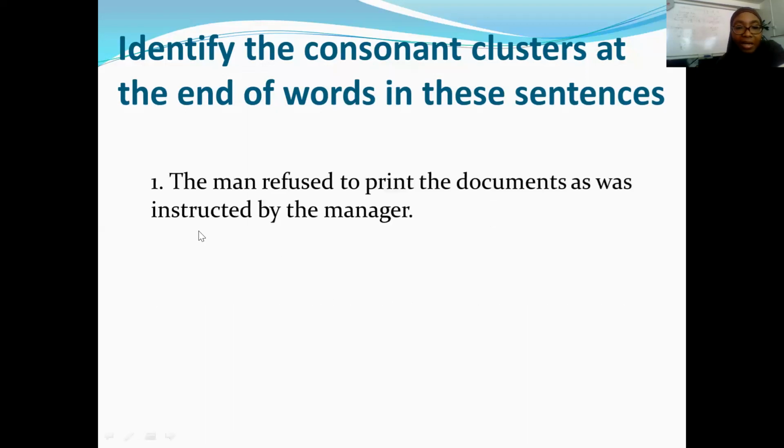First sentence I have is: the man refused to print the document as was instructed by the manager. The instruction says identify the consonant clusters at the end, final position of words in these sentences.